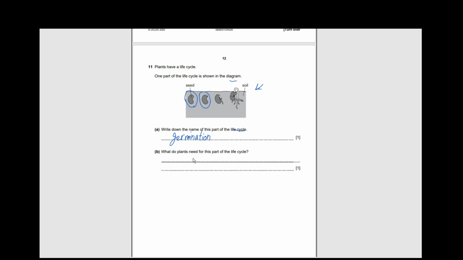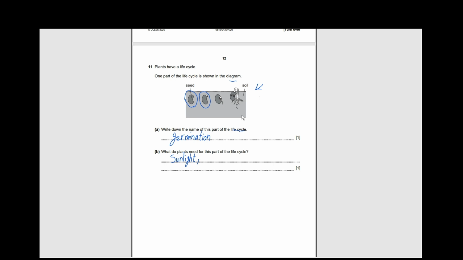What do plants need for this part of the life cycle? In germination, you need sunlight, obviously. You don't need water. Don't write water for germination, and don't write you need oxygen.